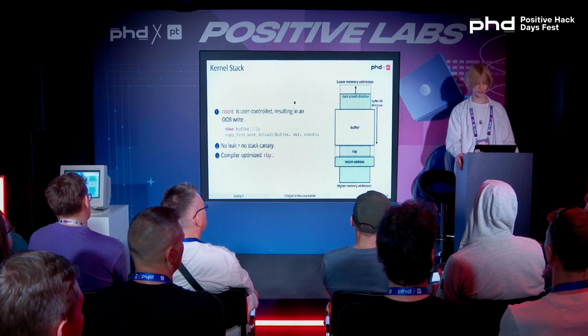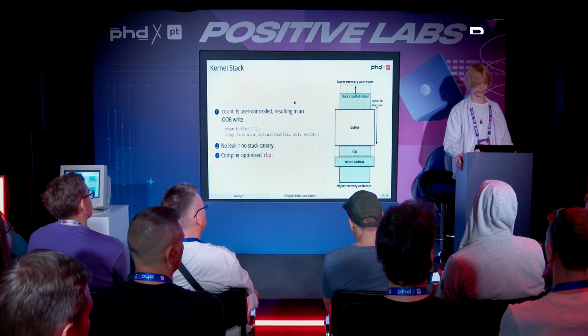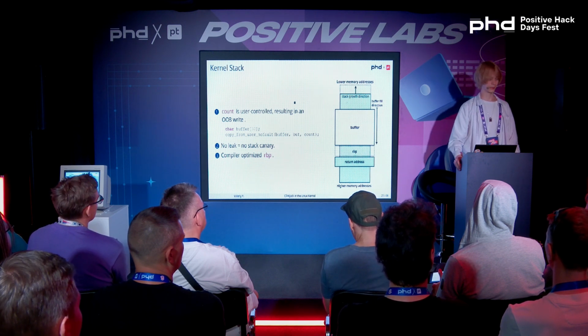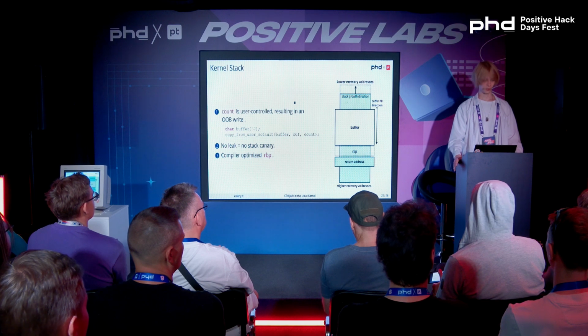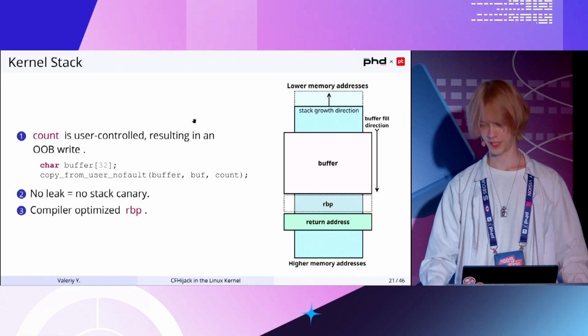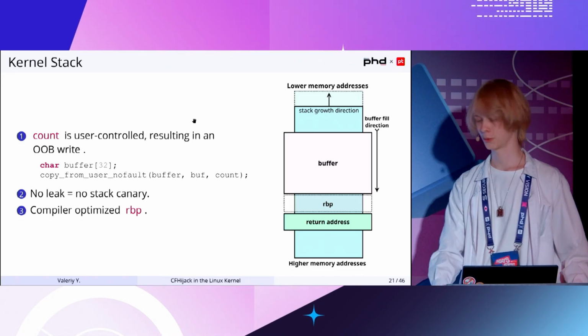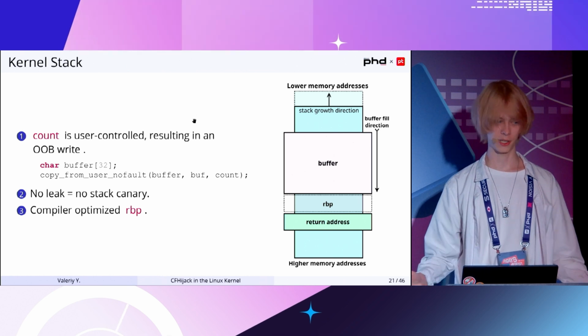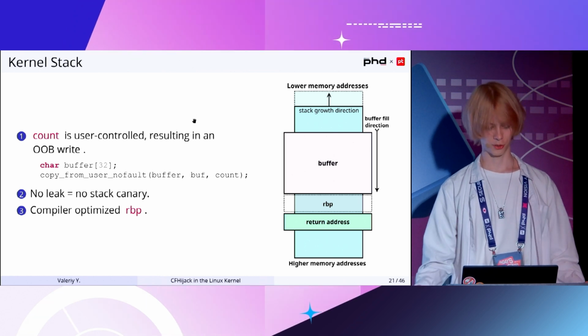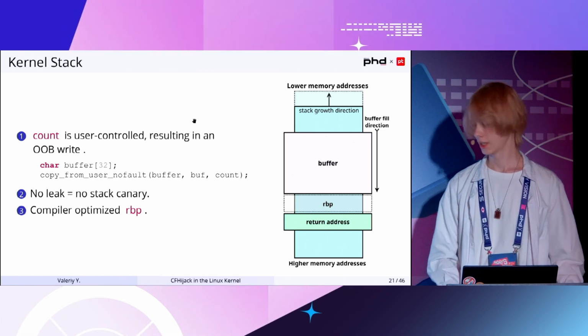I switched off the defense mechanism because I didn't have any leaks, and I can only try to write something in the kernel because I don't have any data leaks, so that's why I switched this off. I switched the canary off.